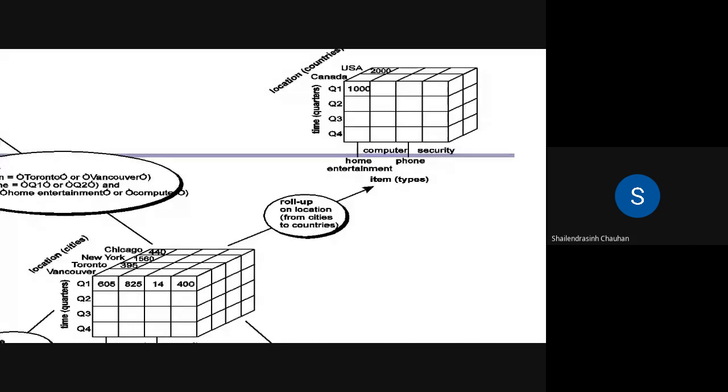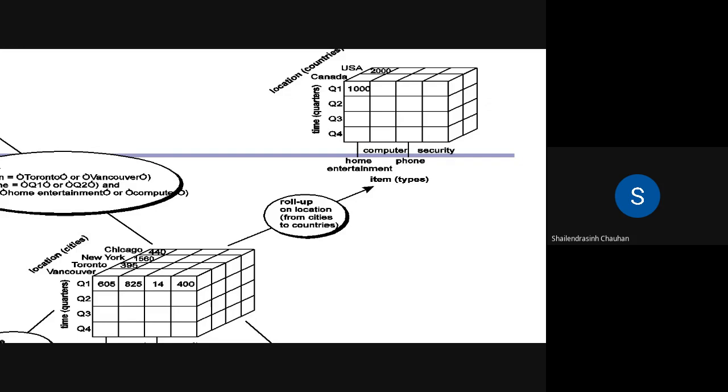They can have the analysis in terms of cities, and also in terms of countries. Whenever they want the analysis country wise and they have the cube in cities, they perform this kind of roll up operation. If they have the cubes country wise and want the analysis city wise, then they perform a drill down operation.